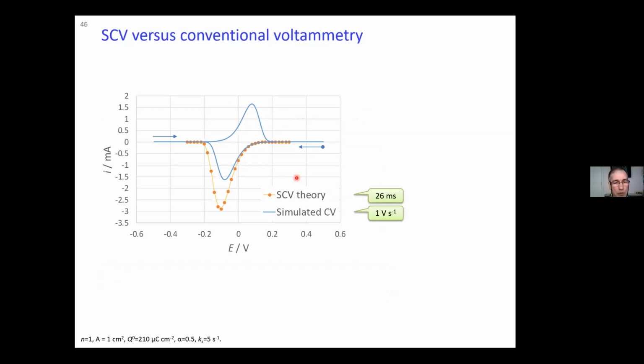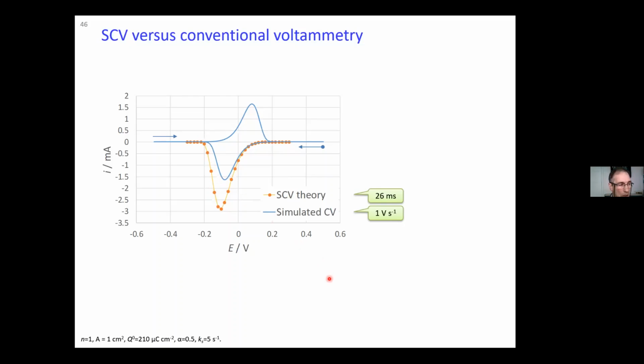Just to finish with this topic, I wanted to show you the comparison between the voltammograms and the sample current voltammograms. In blue, we've got the simulated voltammogram for the particular conditions chosen for the electron transfer process, and the dotted curve is the sample current voltammogram obtained from theory.